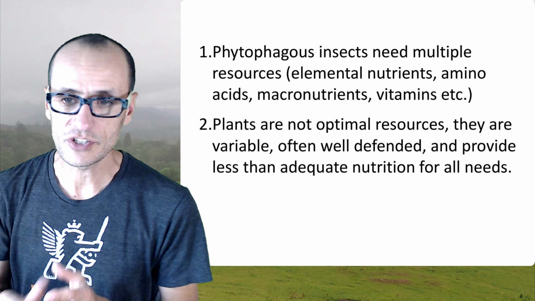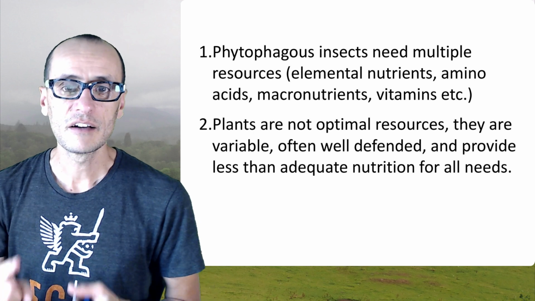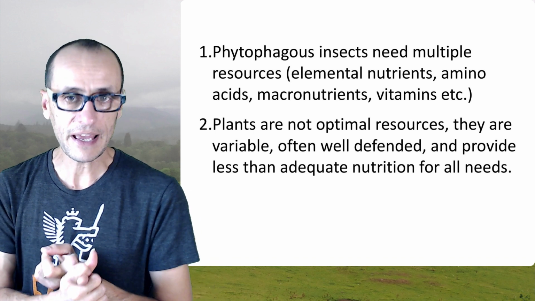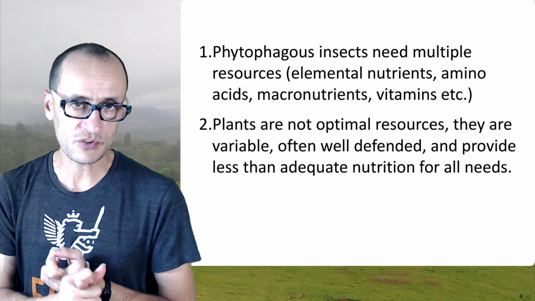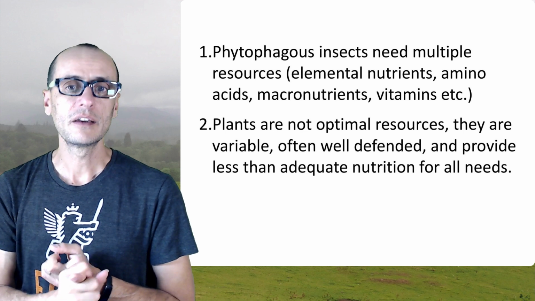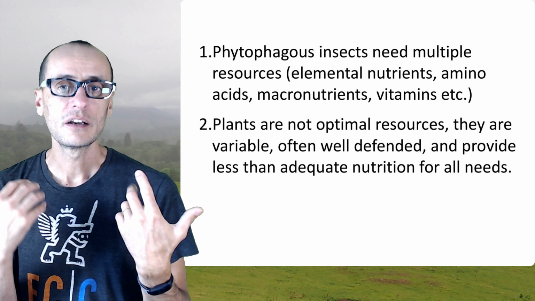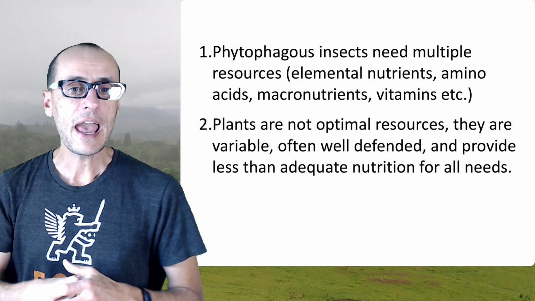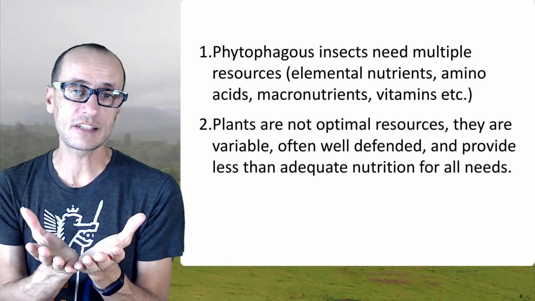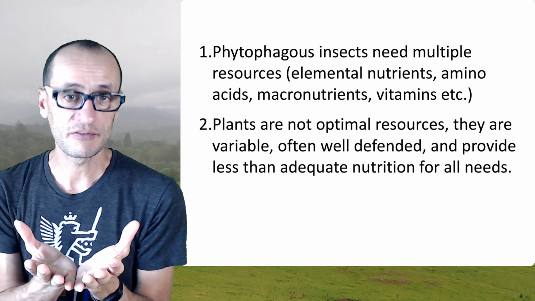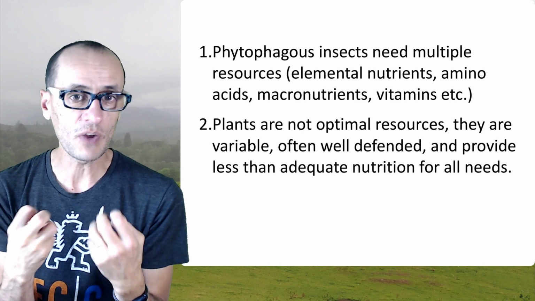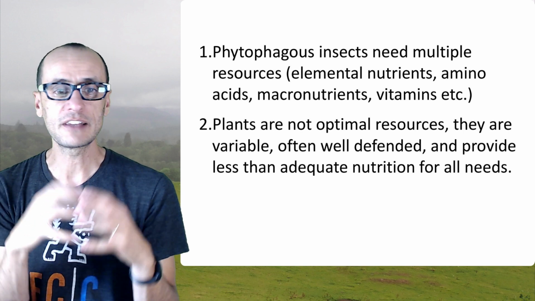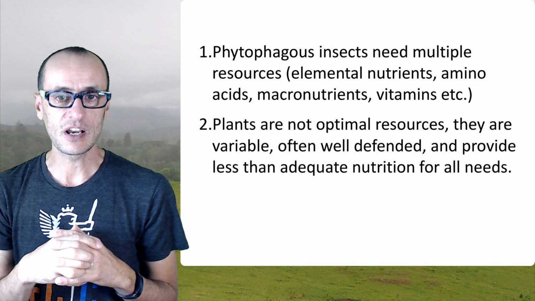So the take-home messages here are that phytophagous insects, plant-feeding insects, need multiple resources in order to develop. Both the elemental nutrients, amino acids, macronutrients, vitamins, and so on. And it's the combination of all these together that really matters for insects. So the stoichiometry, the relative ratios that they're encountering, matters to them.